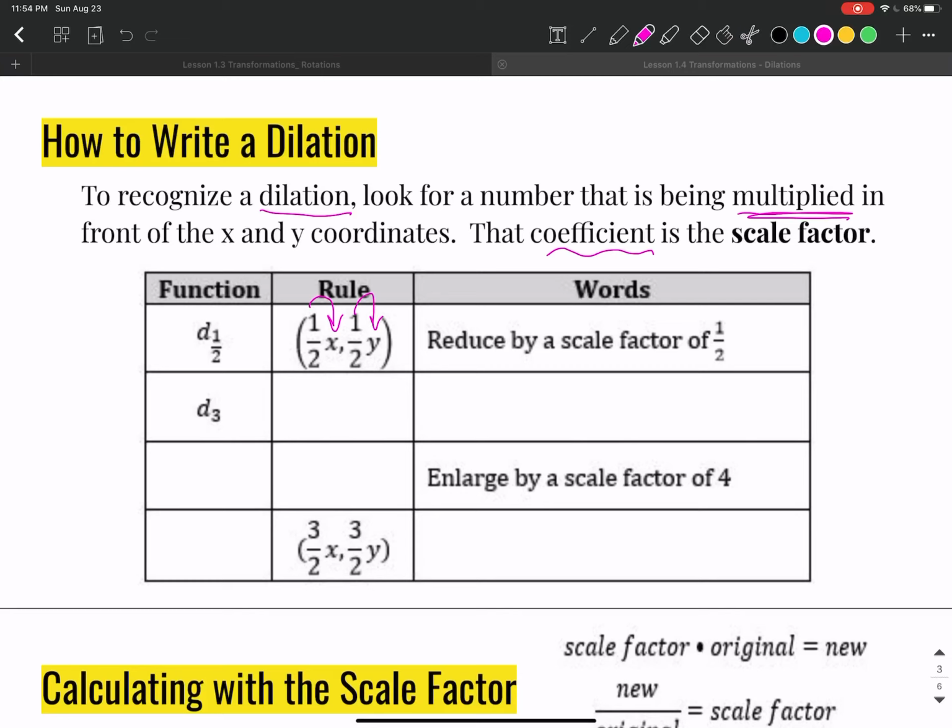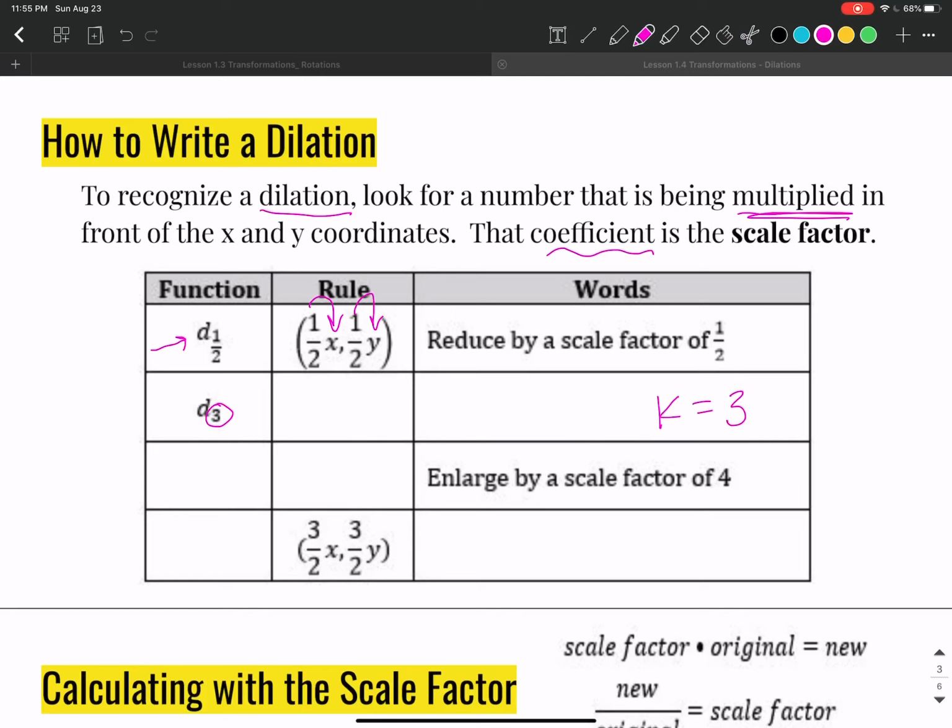If I do my function, instead of that T for translation, now we're doing a D. Technically it can be lowercase or uppercase, either way. So notice right here, this 3 means it's going to be our scale factor. So for this one, our scale factor, or K, is equal to 3.